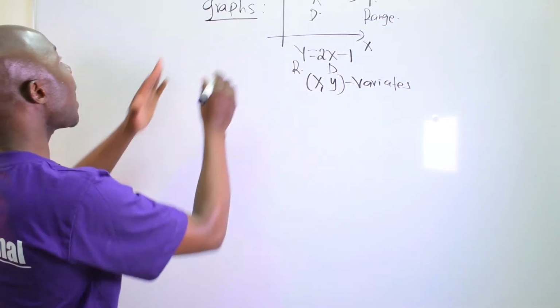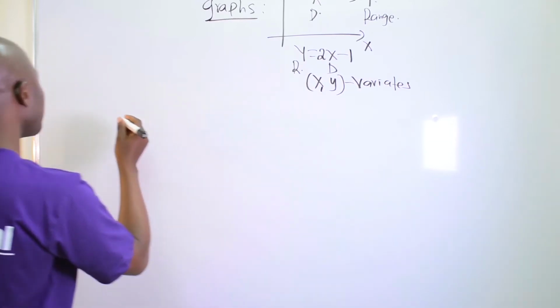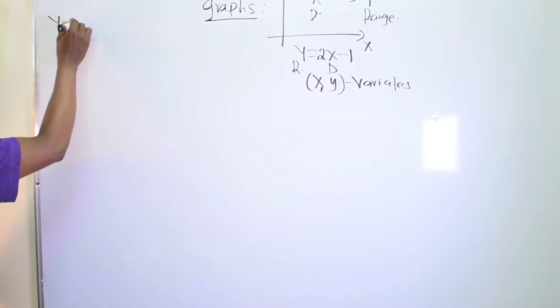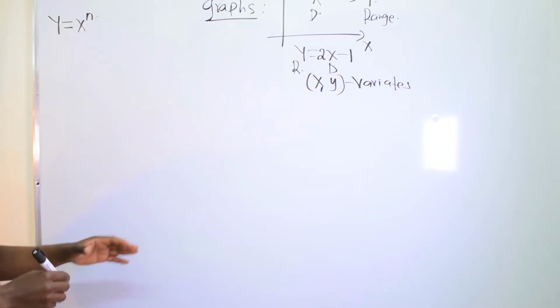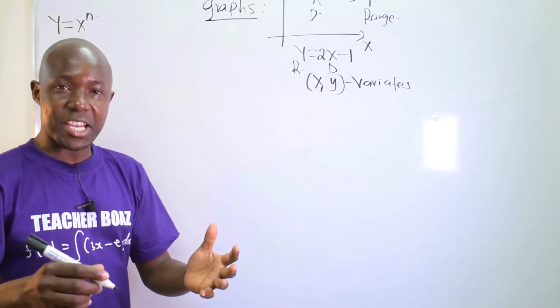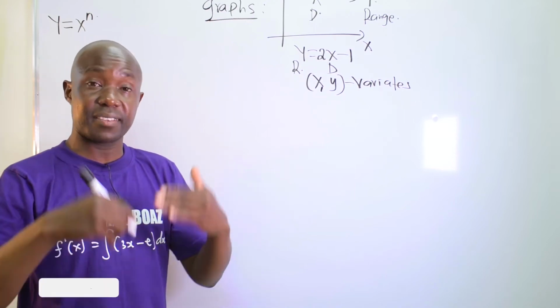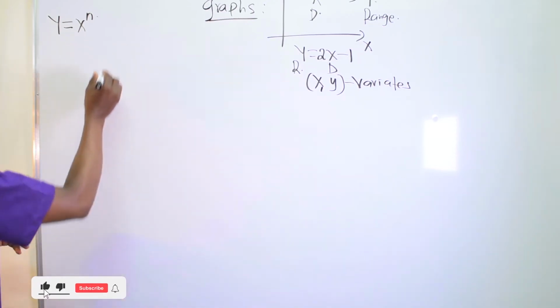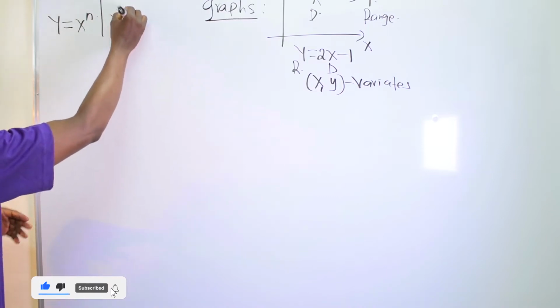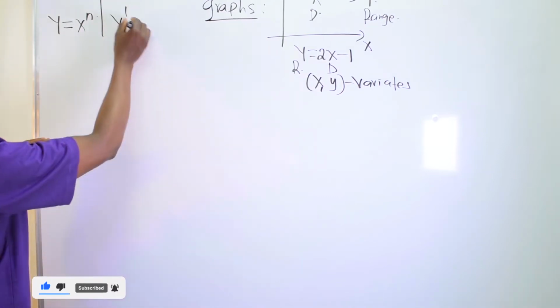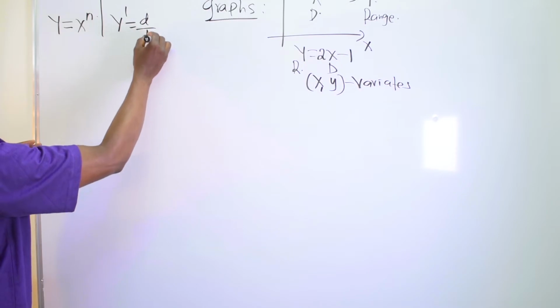Now, when we have this, let me give you an example. If you have a function like y is x power n, which is part of the polynomial, if somebody asks you to get the derivative, which is the gradient function, how do we get it? The gradient function is denoted by y prime, which is dy/dx.